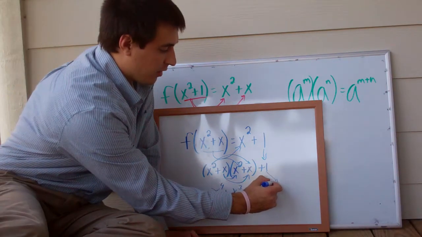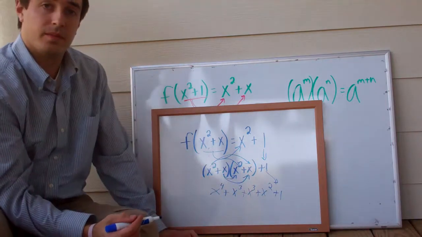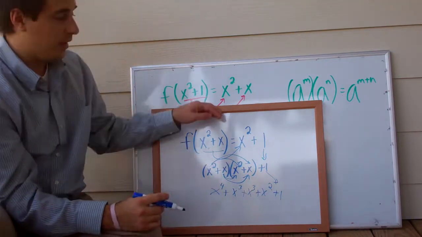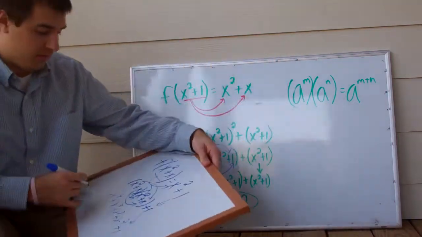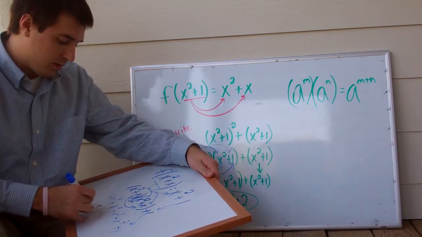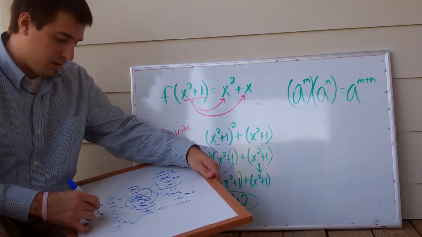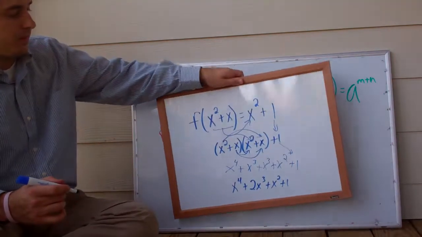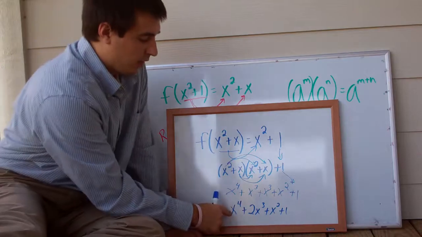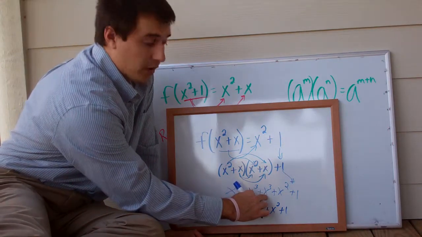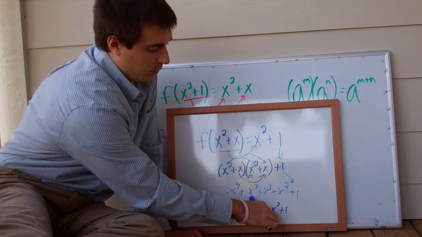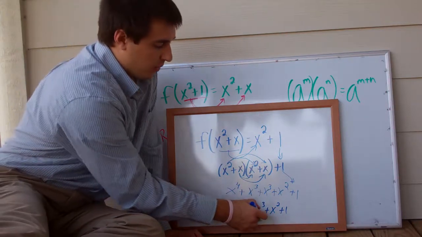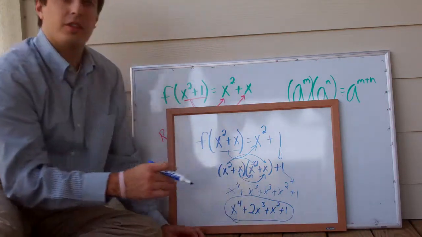Got to bring down this guy still, plus 1. But now we can still combine some stuff to simplify it even further. So we have x to the 4th plus 2x cubed, because we had 2 of them, plus x squared plus 1. And then this right here is going to be our final answer.